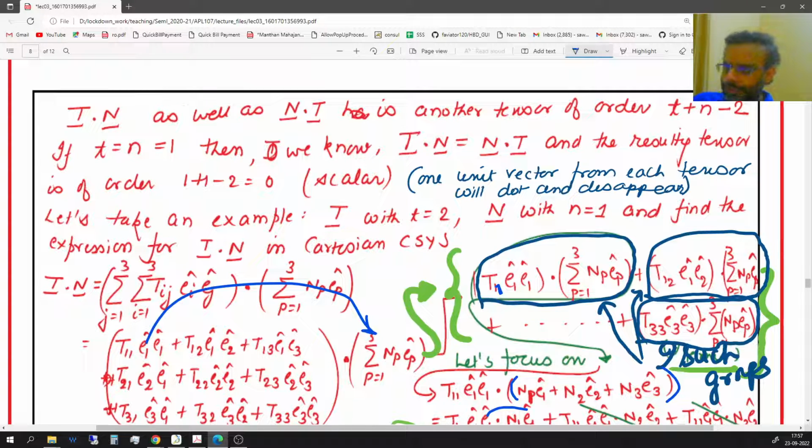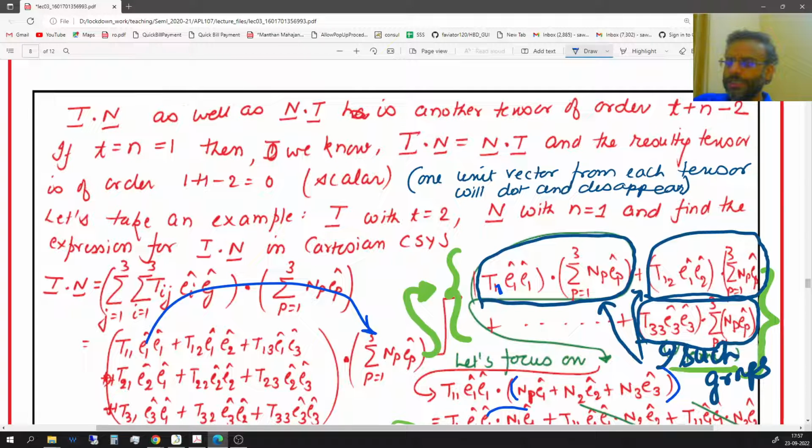Now this tensor T actually has 9 terms within it, which are being written explicitly here, and then it has to dot with the n tensor. To actually perform this operation term by term, let's first expand this dot product in the manner that I have written here. From here I am taking the first part of the tensor, T11 e1 e1, letting it dot with the n tensor.